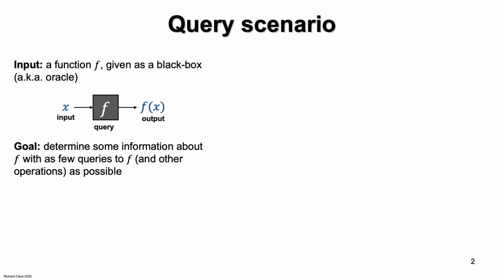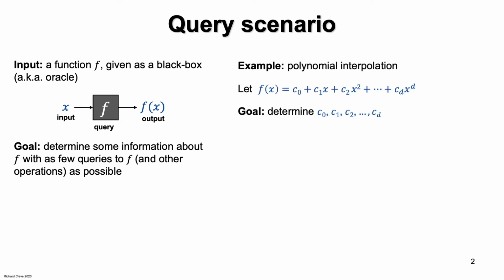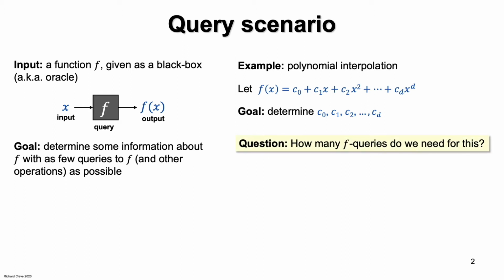An example of this from a topic that you might find familiar is polynomial interpolation, where one is given a black box computing an unknown polynomial of degree d, and the goal is to determine which polynomial it is. For example, suppose that f is a linear function over the real numbers, but we don't know which linear function it is.